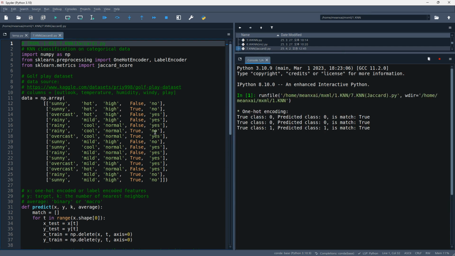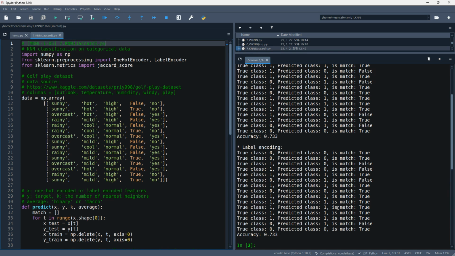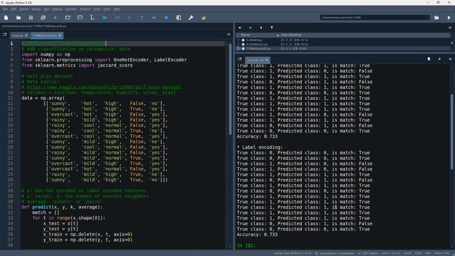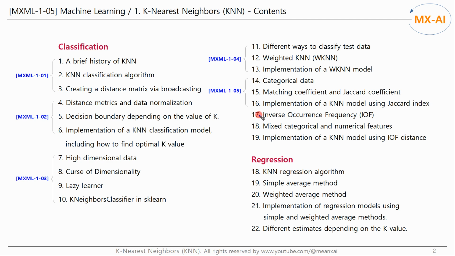Let's run this code. The results are as follows. So far, we have looked at the matching coefficient and the Jaccard coefficient. In the next video, we will use the IOF distance to classify categorical data.